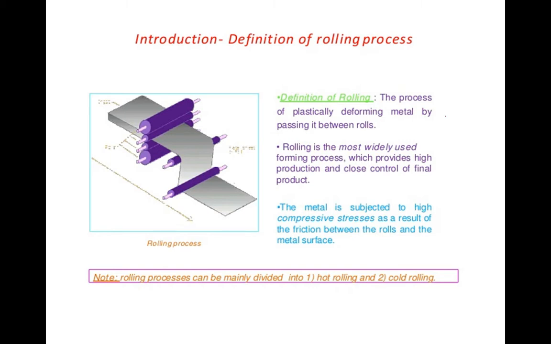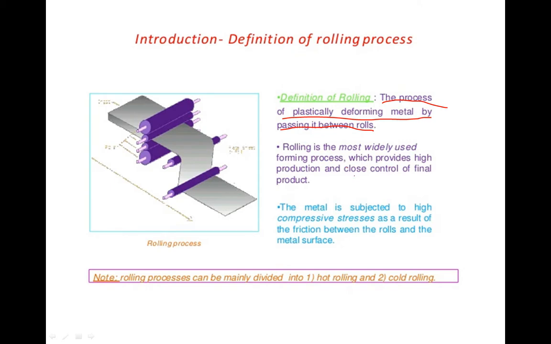So how can you define this process? The process of plastically deforming metal by passing it between rollers. This is the basic definition of rolling, and rolling is widely used as a forming process because there is no wastage of material. You are not wasting any material.